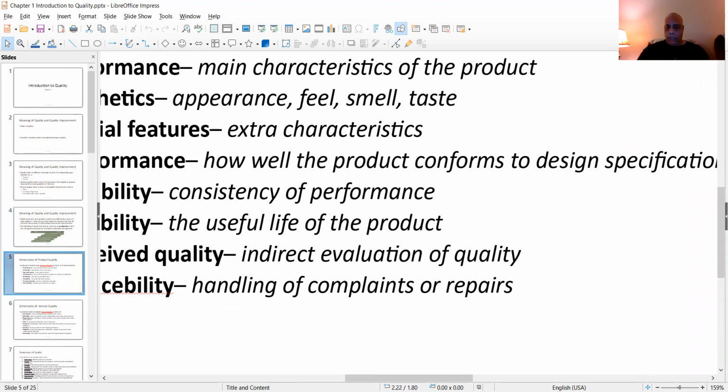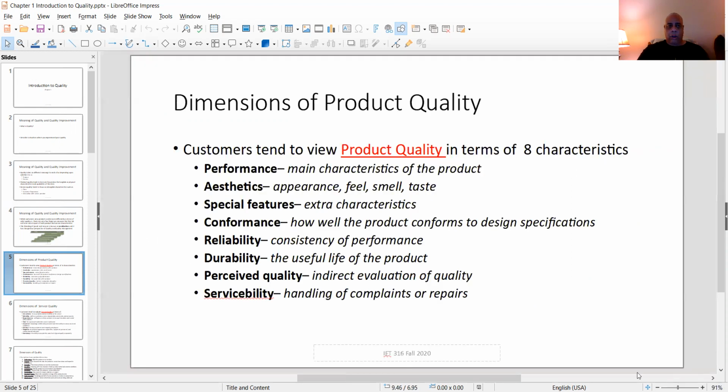Now, again, when we deal with quality, and you all are in the industrial engineering field in supply chain management, and I'm going to get into that as well, you're going to understand the dimensions of quality, 5S, Six Sigma.